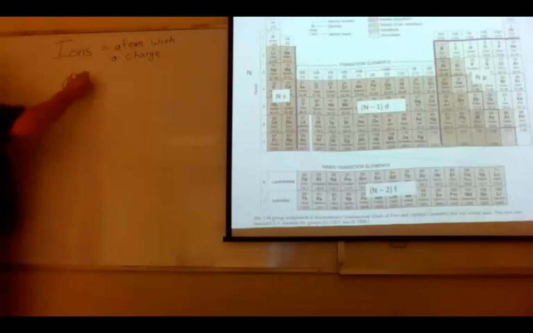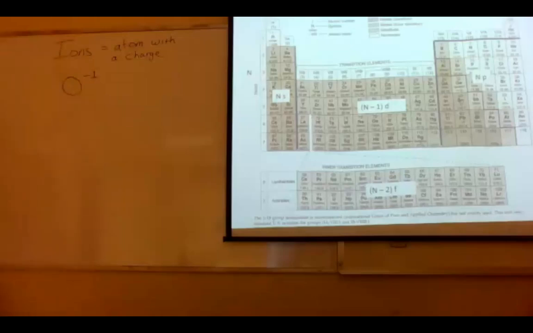If I do oxygen with a -1 charge, there's 2 ways for me to find its electron configuration. The first way is I find oxygen when it's neutral, and then I add an electron.